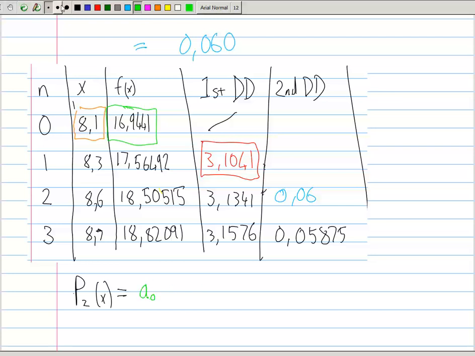We've got our a0 plus our a1 multiplied by x minus x0, plus now our a2, which we have over here, and that is going to be multiplied by x minus x0, x minus x1.